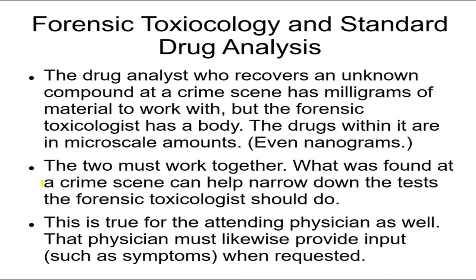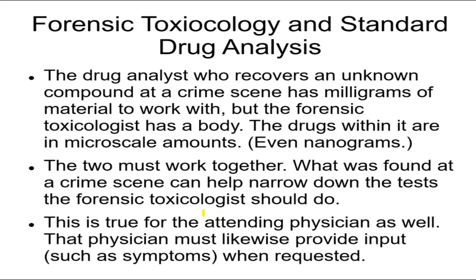So working together, the forensic toxicologist with the drug analyst or the people at the crime scene, and also, let's say, the attending physician, the doctor that was working with the victim of a poisoning. The forensic toxicologist should get information from the attending physician.